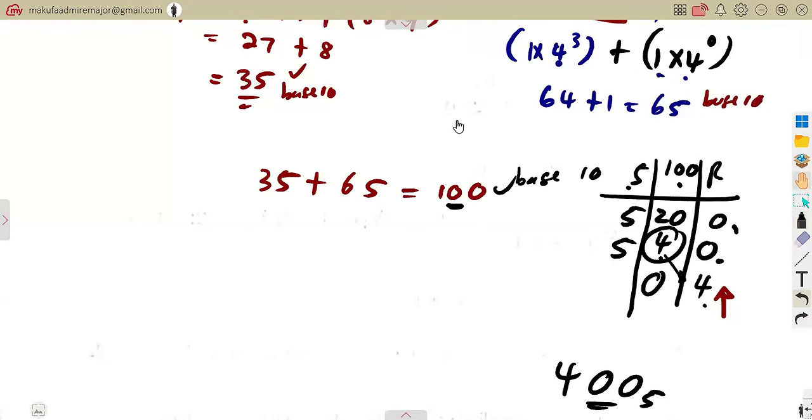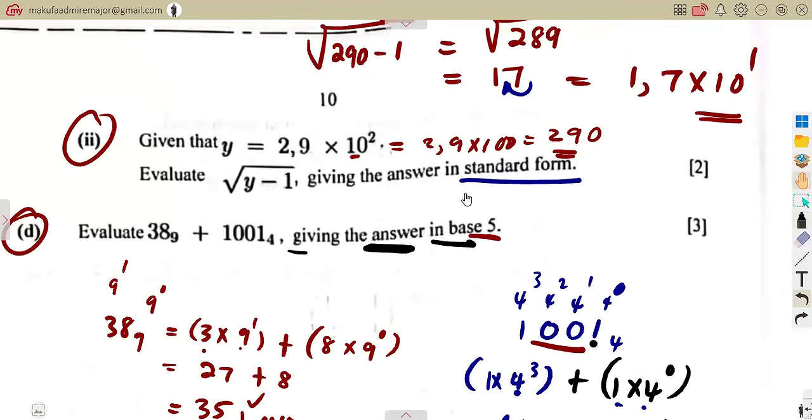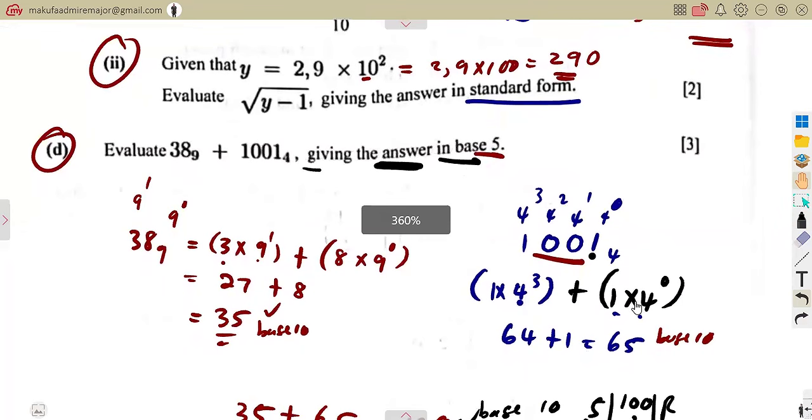So these are the typical questions that we were given in our June examination paper 2. I just hope with time, guys, we do work more introductions, because what we need is to understand the concept. You can revise 100 question papers, but if you do not understand the concept, they will change the same simple thing from one question paper to another, and you repeat making many mistakes from that.